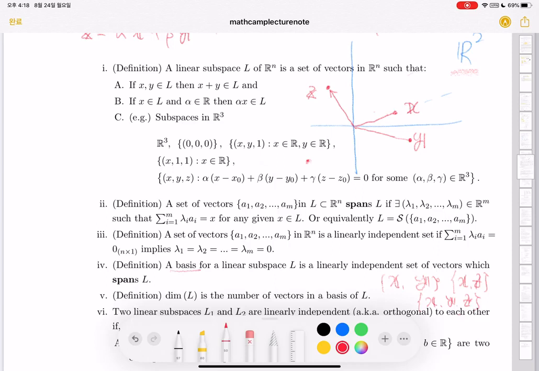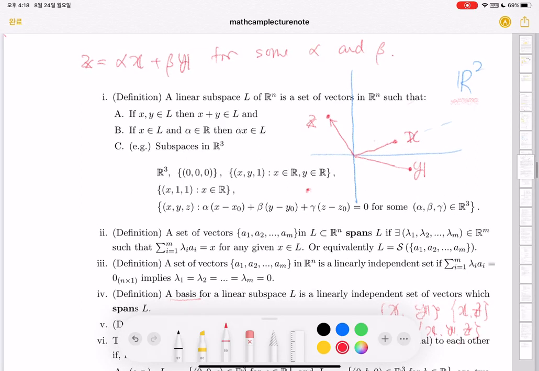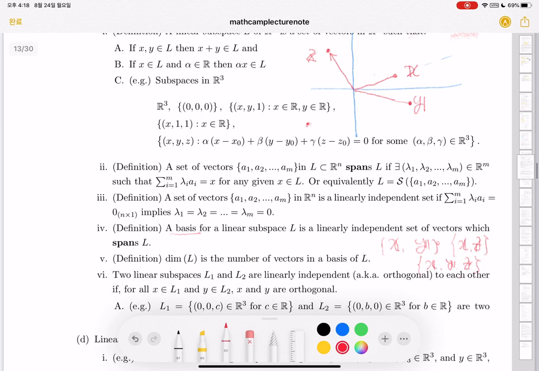How do you know that they are linearly dependent? Because z can be written as a linear combination of x and y, which I want you to prove.